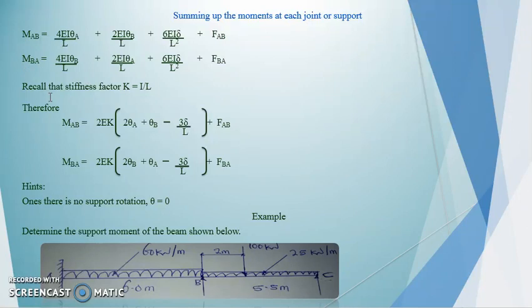Then recall that the stiffness factor, as we treated in the Hardy-Cross method of moment distribution, is moment of inertia over length. Therefore, the moment occurring at joint A will be 2EK, where K is I over L. So you remove this and this and substitute K. You have the moment equal to this expression, and the moment occurring at joint B equal to this expression here.